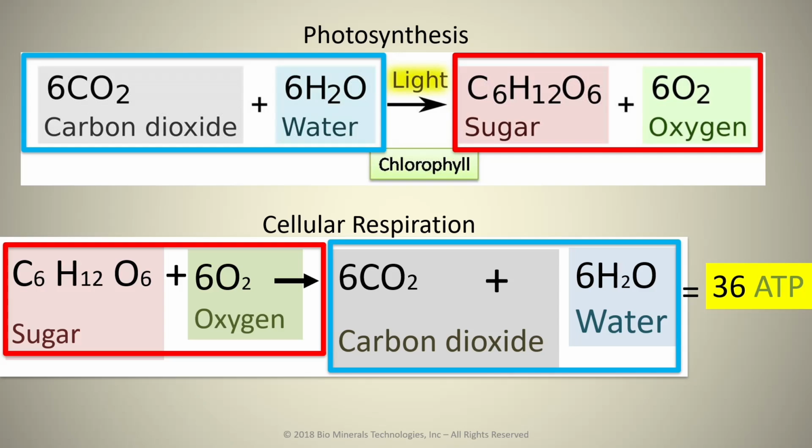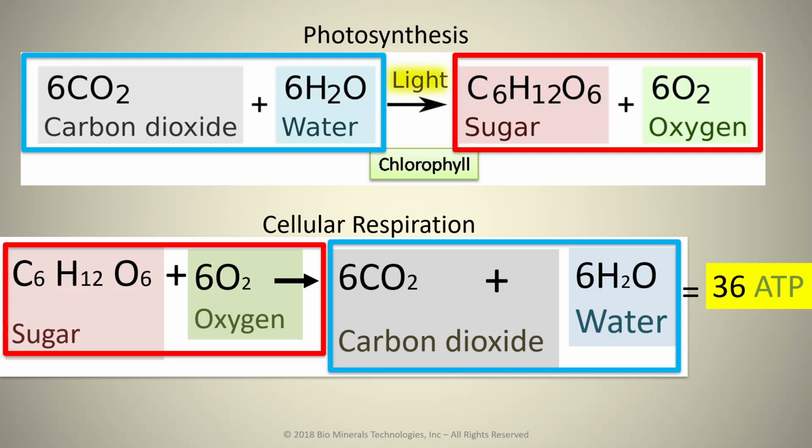These 2 processes, one is putting energy together, the other one is taking that energy and releasing it. Again, you can see it is a perfect flip. Cellular respiration is a perfect opposite of photosynthesis and vice versa.